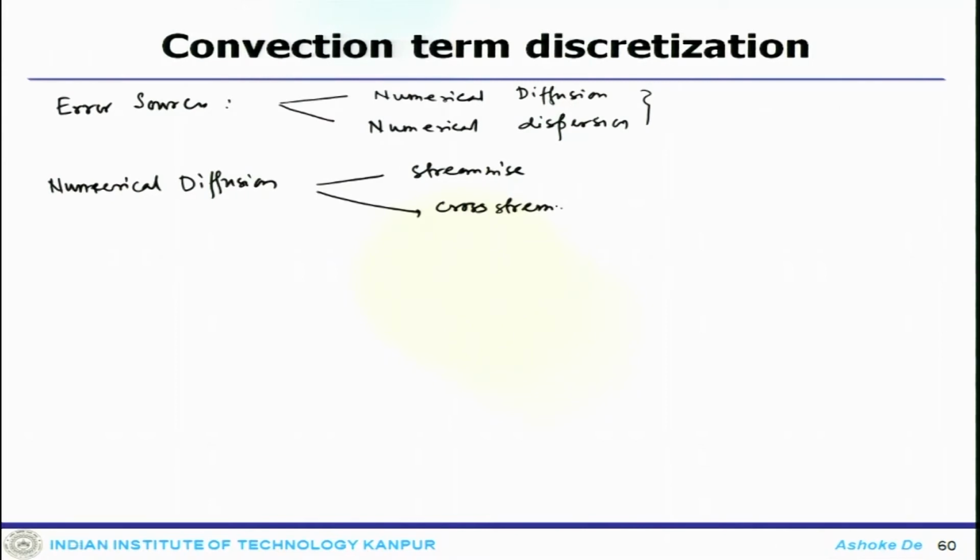So, streamwise diffusion will be along the normal direction, cross stream is along the other, and this is the term which, if you recall from your previous lectures when we were talking about the diffusion equation in non-orthogonal, unstructured system, we had some cross diffusion term, and that is some sort of a correlation you can think about for the cross stream diffusion.